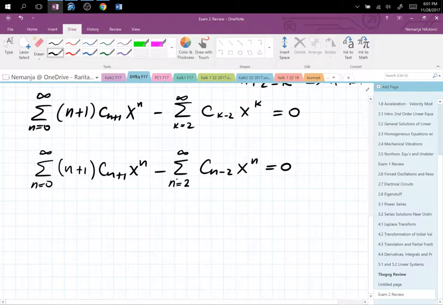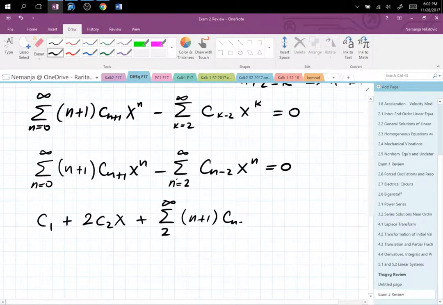So we have a 0th term, which is going to be just C1 plus, now peel n equals 1, that's 2C2 x, and leave the rest, plus summation, and now we start at 2 to infinity, n plus 1, Cn plus 1, x to the n, minus summation 2 to infinity, Cn minus 2, x to the n equal to 0.